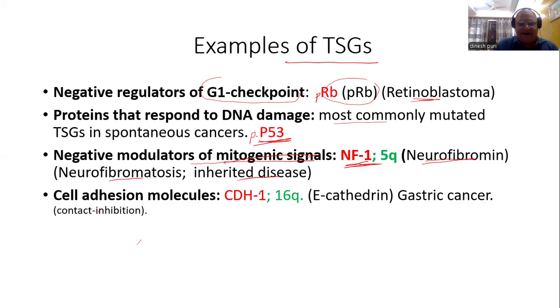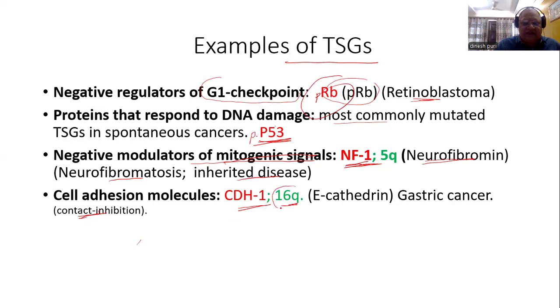Then there are certain cell adhesion molecules. All of you know that contact inhibition is an important deterrent to malignant transformation. और अगर ये contact inhibition lose हो जाए तो क्या होगा? Malignancy. The cell will be driven to malignancy. So this is the gene located on 16q. Please find out where these two genes are located.